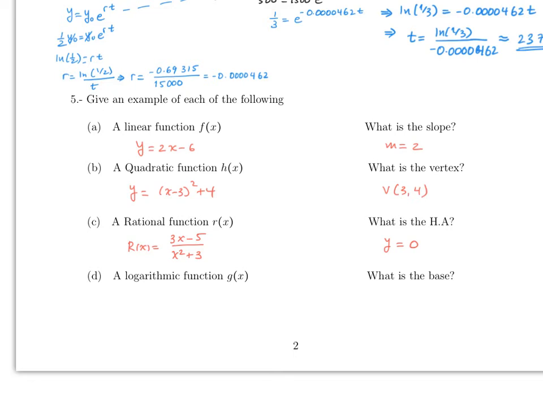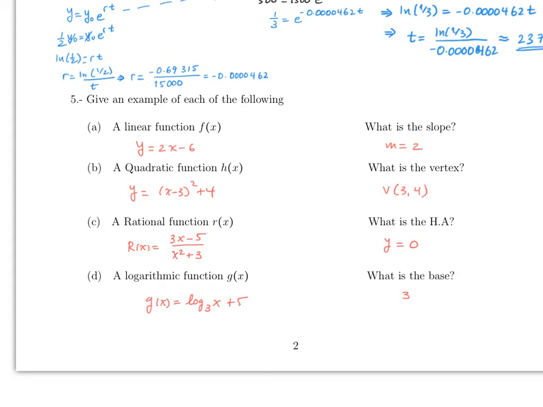Because the degree of the bottom is higher than the degree of the top. So a logarithmic function, g of x would be, let's say, log base 3 of x plus 5. And what is the base? The base is 3.